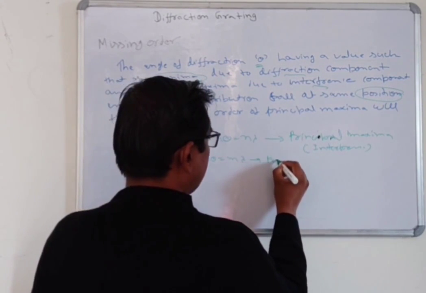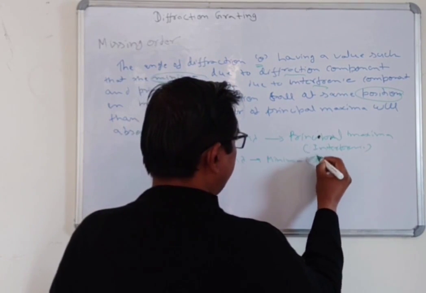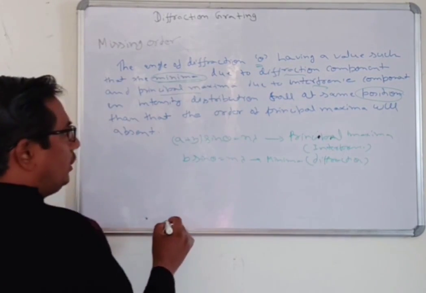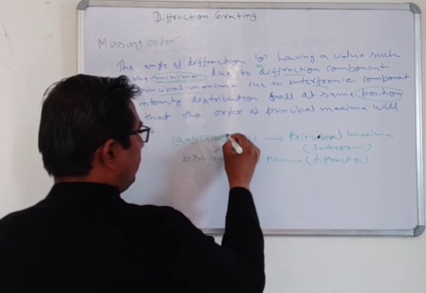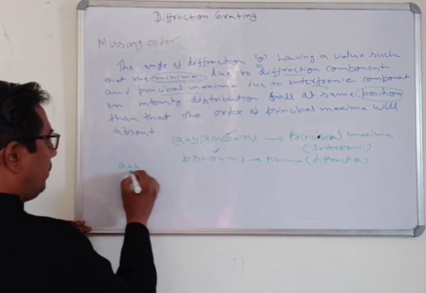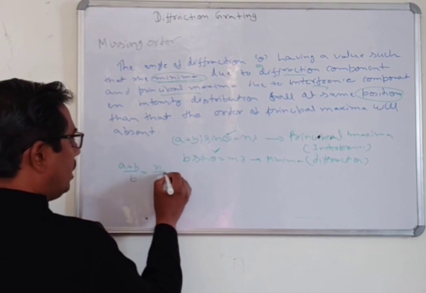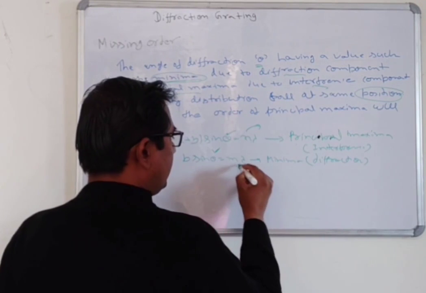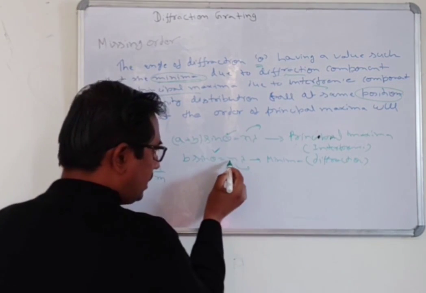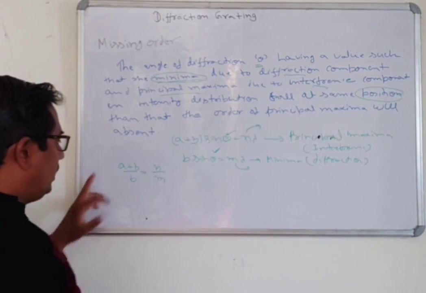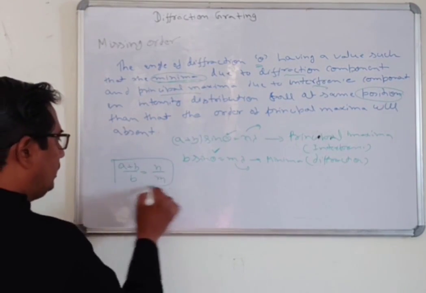This principal maxima comes from interference. And the condition for minima is b sin theta equal to m lambda, and the minima comes from diffraction. When both angles are the same, this theta will be the same. It means that we can write (a+b)/b is n/m. Here n is the order of the maxima from interference and m is the order of the minima. You will get the relation like that.